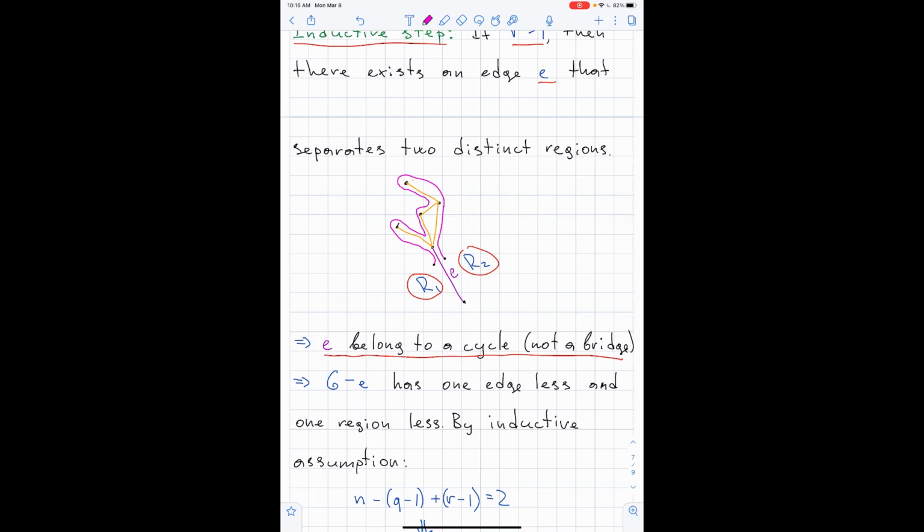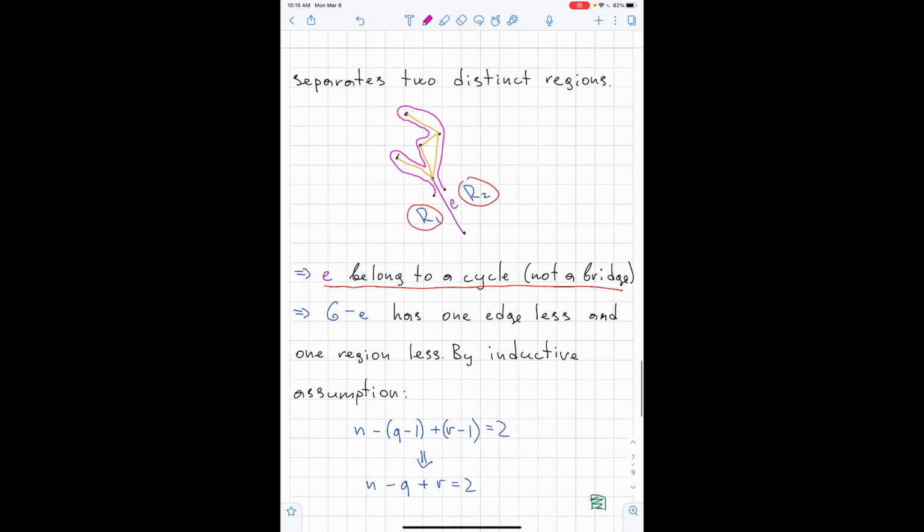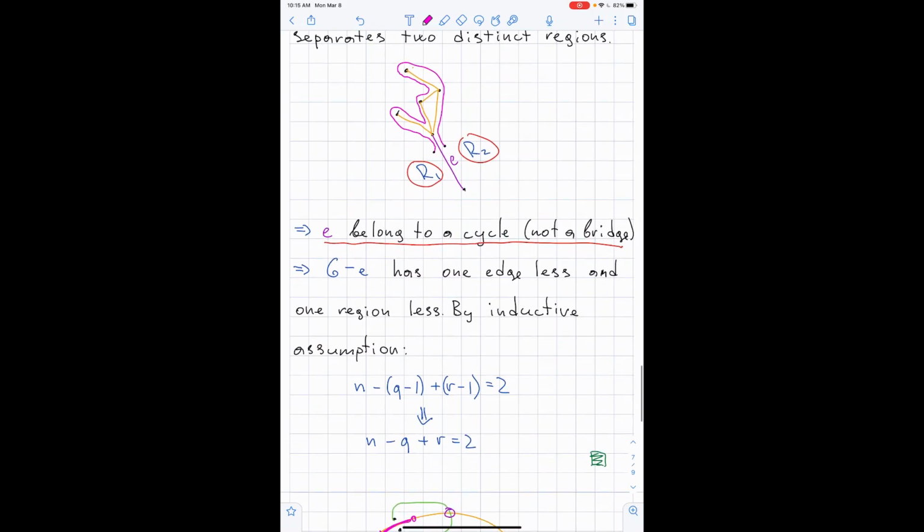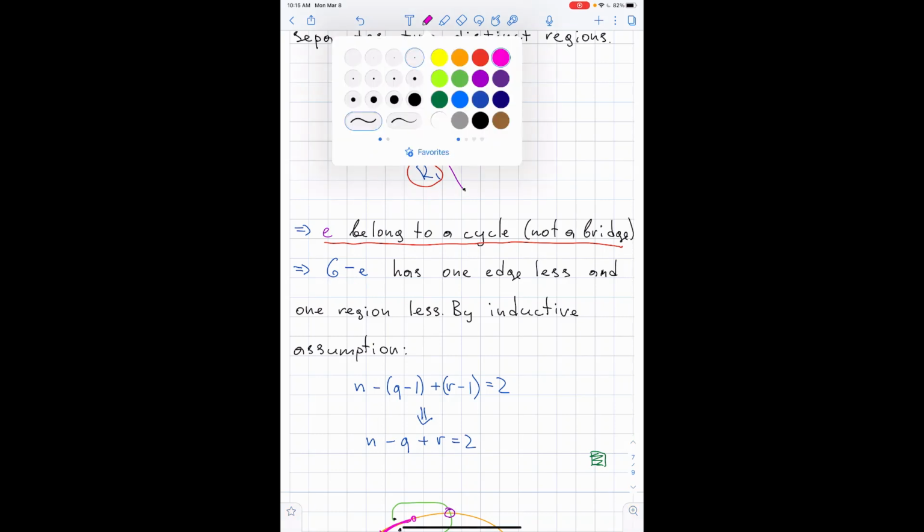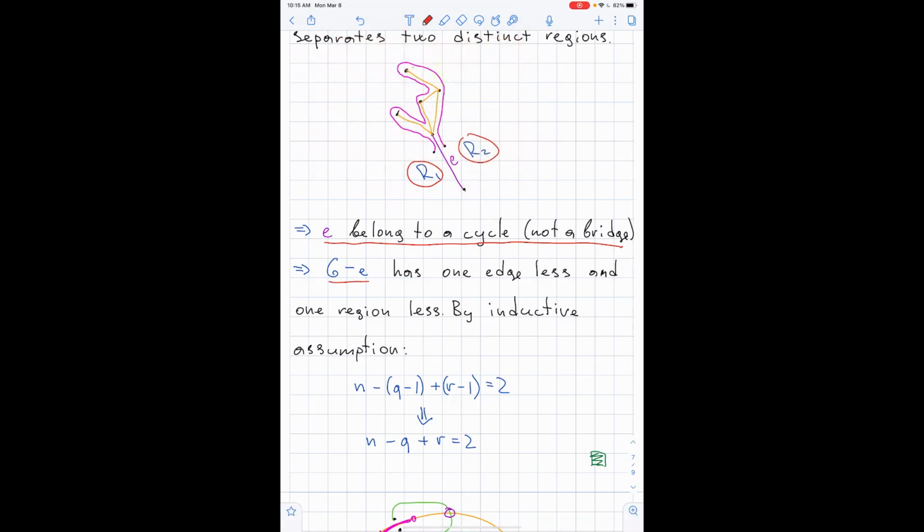Therefore, E is not a bridge, and that means that if we erase this edge E and consider the graph G without E, it is still connected, and we still have a planar representation.